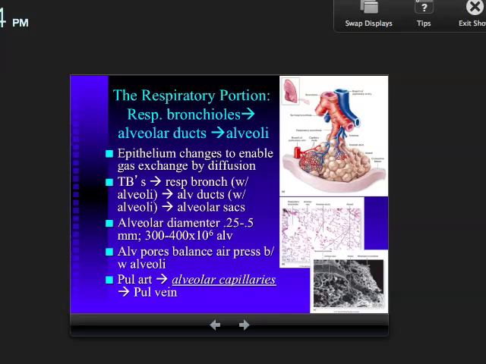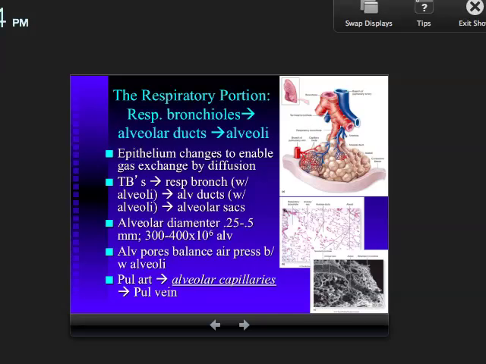So when you think about that air going down into that bronchopulmonary segment, you want all alveoli to get the same basic pressure. And so you have little penetrations between these little pores to neutralize any pressure differences, to balance the air pressure between the different alveoli.